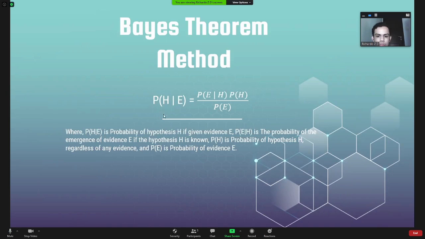P(H|E) equals P(E|H) times P(H) divided by P(E), where P(H|E) is the probability of hypothesis H if given evidence E. P(E|H) is the probability of the emergence of evidence E if the hypothesis H is known. P(H) is the probability of hypothesis H regardless of any evidence, and P(E) is the probability of evidence E.